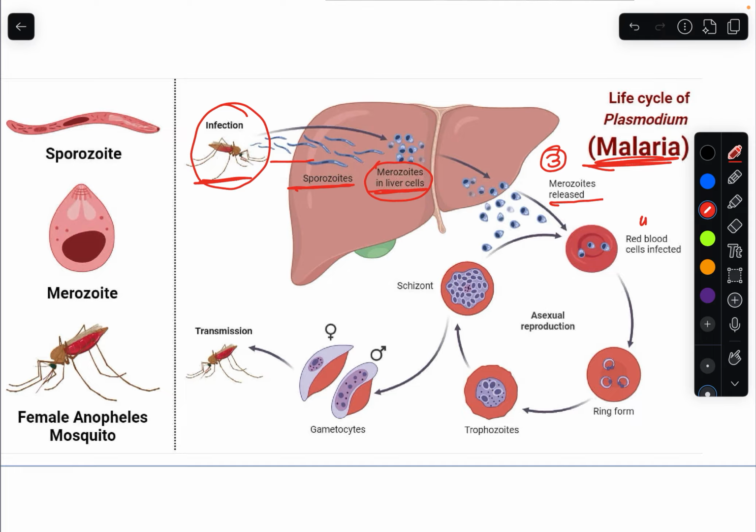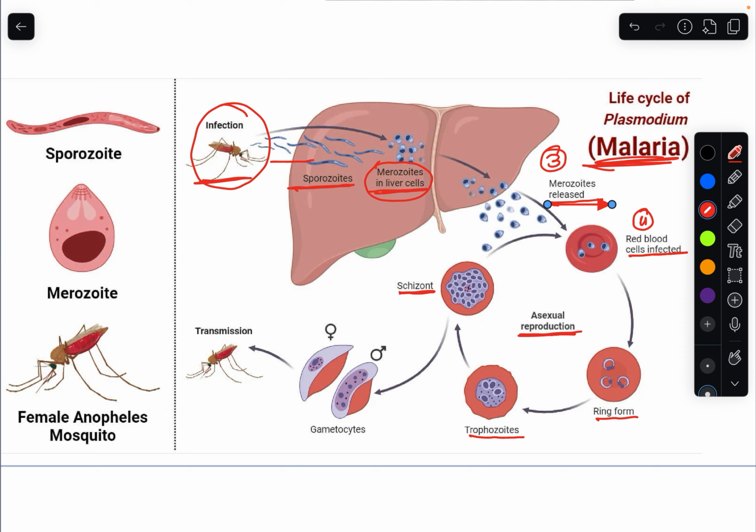So in the fourth step, the red blood cells are infected with merozoites. Then in the red blood cells, asexual reproduction starts. Merozoites are converted into ring form, then they become trophozoites, and then schizonts. When schizonts rupture, they release merozoites into the circulation again, and this cycle is repeated again and again.